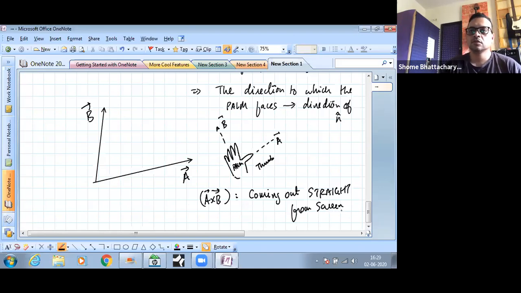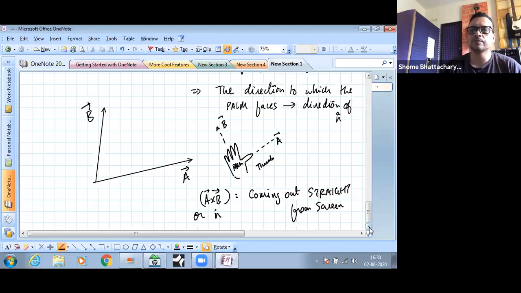Got it now? Understood now? Your palm is facing straight towards you, so the direction of the vector A cross B or n cap is coming straight outwards towards you.